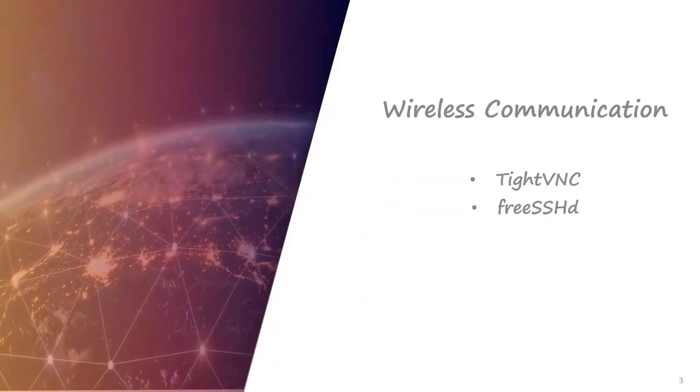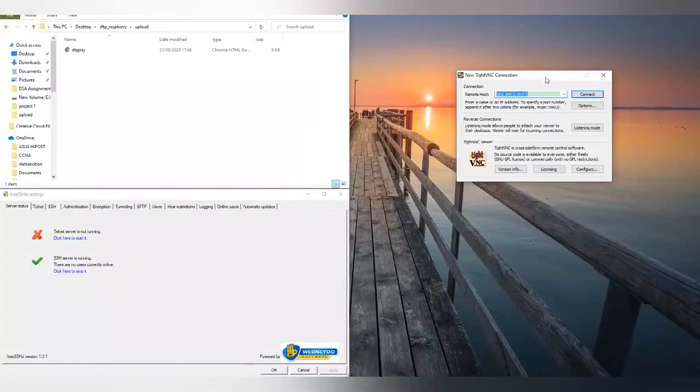In this wireless connection, I need to use 2 software to help me with networking transmission. TightVNC is a cross-platform remote desktop software application. It uses and extends the RFB protocol of the virtual network computing to allow the end user to control another computer's screen remotely.